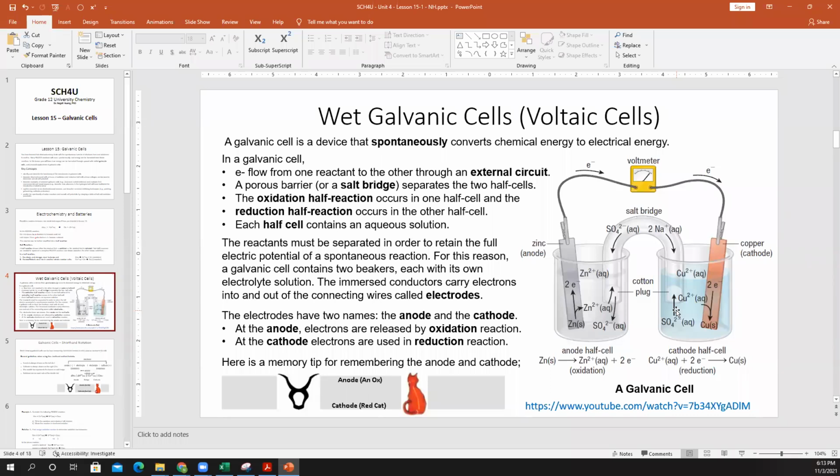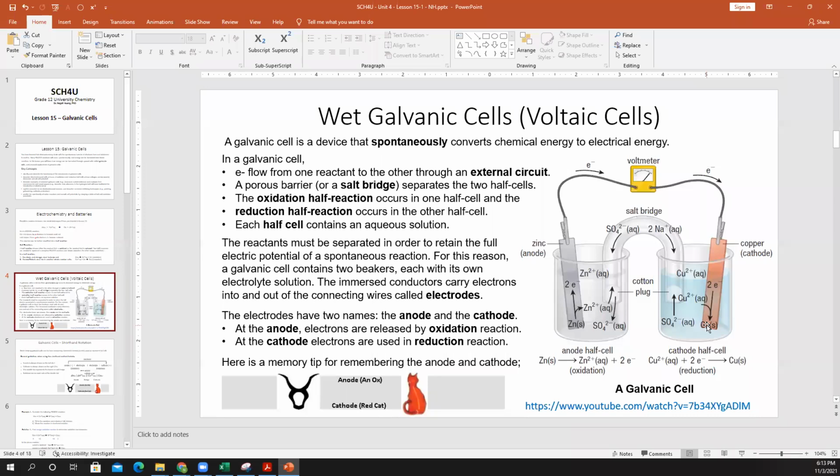The oxidation half reaction occurs in one of the cells, and the reduction half reaction occurs in the other cell. Each of these half cells is filled with an aqueous solution, and the reactants have to be separate in order to retain their full electric potential and to get this spontaneous reaction.